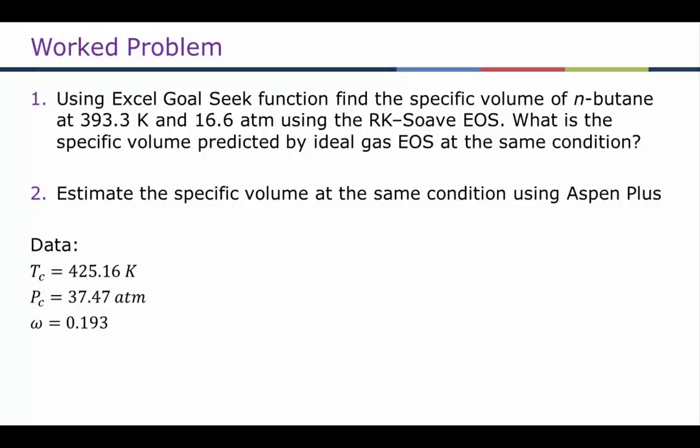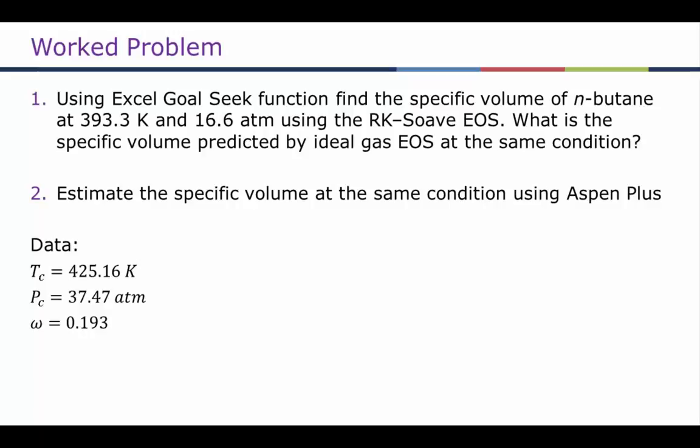The data for N-butane is given from literature. The critical temperature is 425.16 Kelvin and critical pressure is 37.47 atmosphere, and omega, which is the acentric factor, is 0.193. So to model, I've created a screen capture of an Excel spreadsheet.